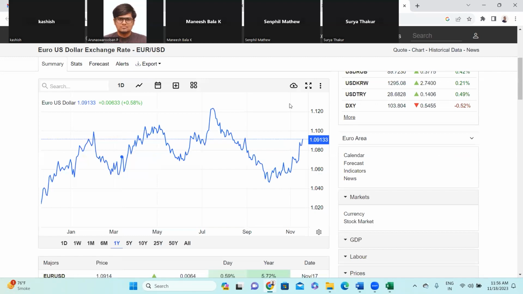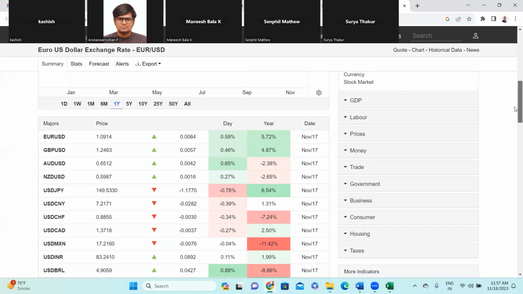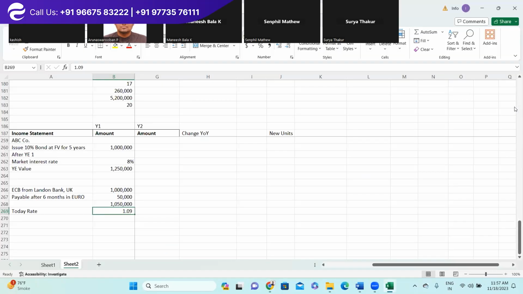So this is the expectation that this will be the pricing, and this is how you can identify. 0.0064 it is showing. 1.08, let's assume, just for simplicity I'm doing it.